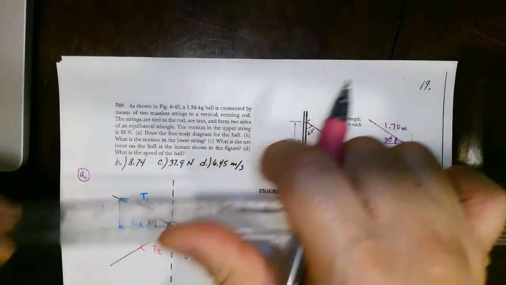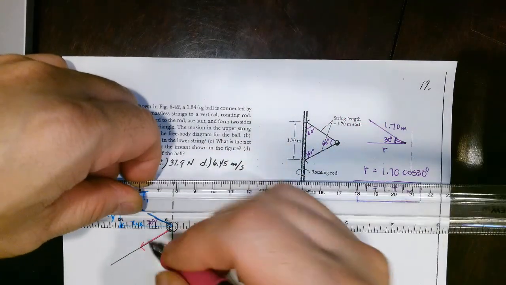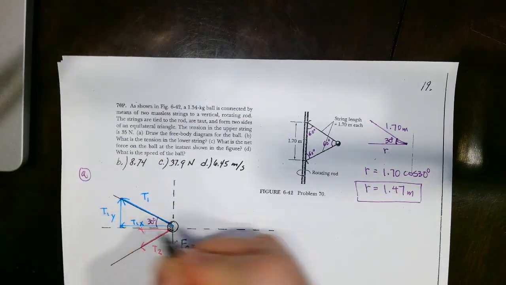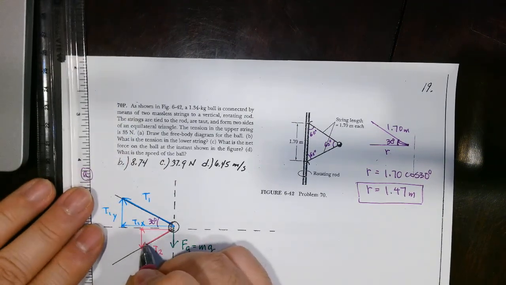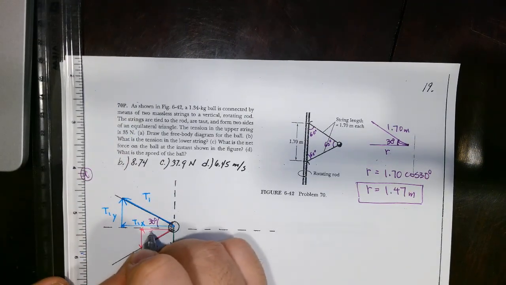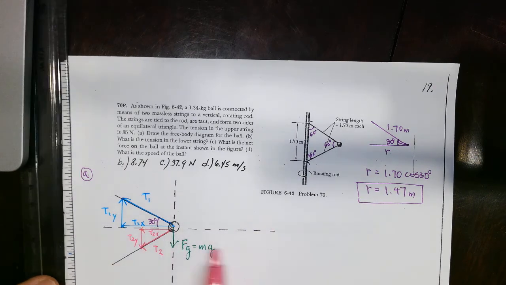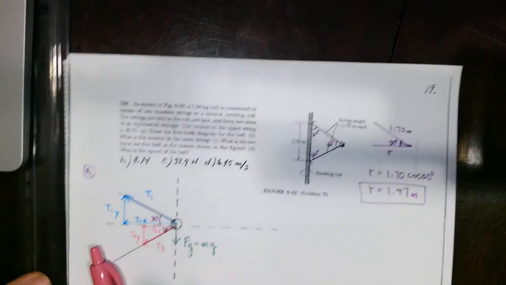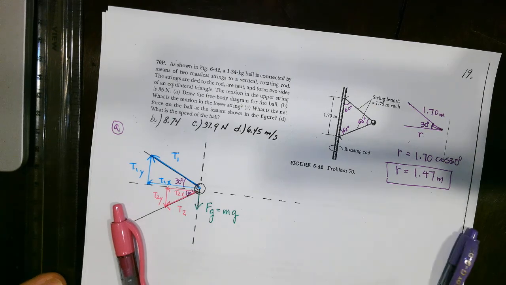This tension 2 will have its horizontal component and its vertical component. So this is T2x and this is T2y. And of course, this angle here is also 30 degrees.